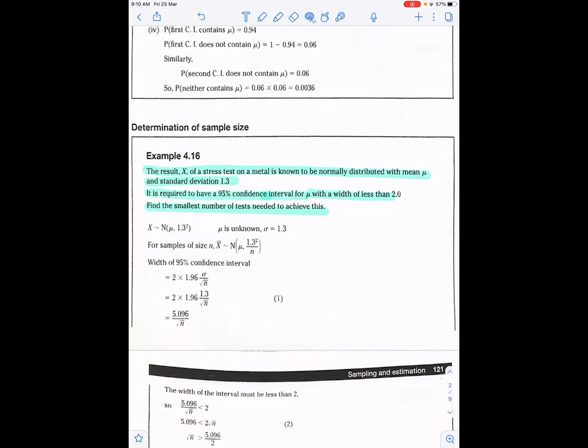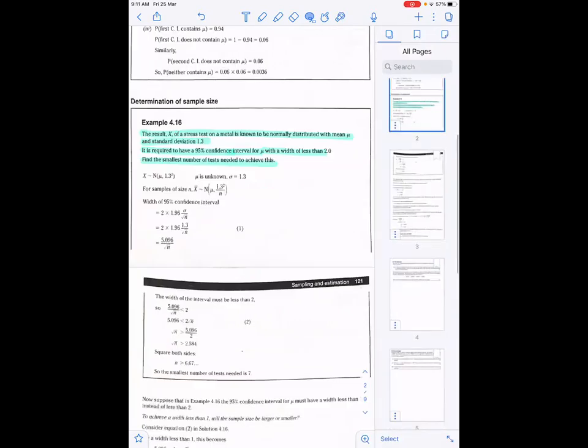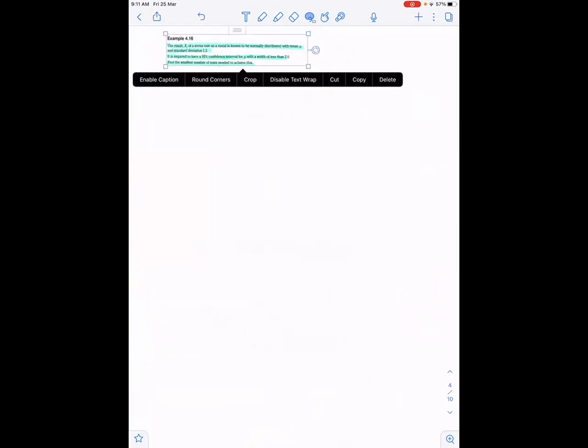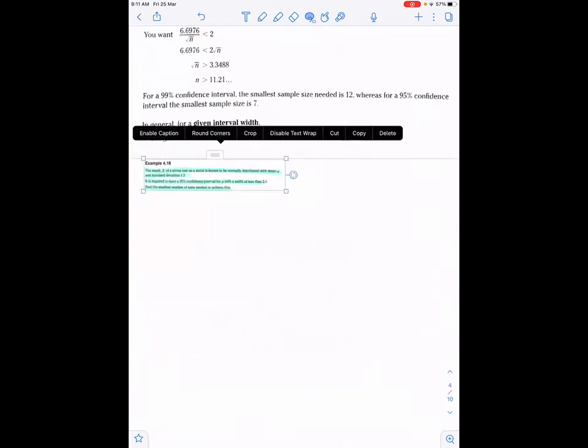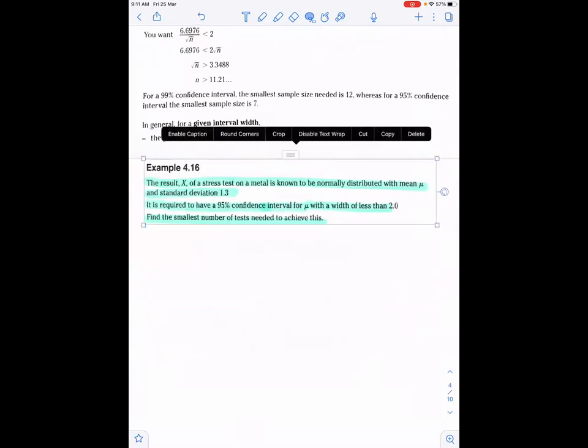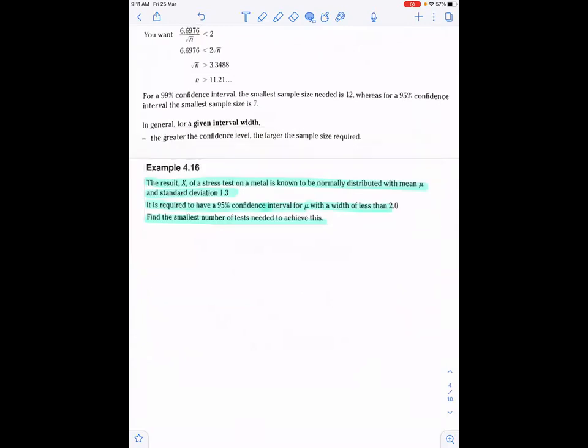Okay, so let's do this. Width is less than 2.